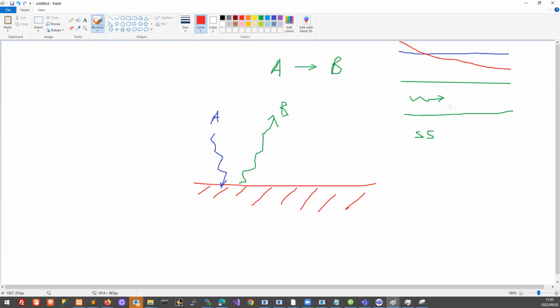And that can happen steadily. So it could well be the case that this pipeline is being fed by A at a certain concentration. And for example, A could be leaving by diffusion through permeable walls, or maybe it's reacting on the walls or something like that. So you can get a steady concentration profile across this pipeline.